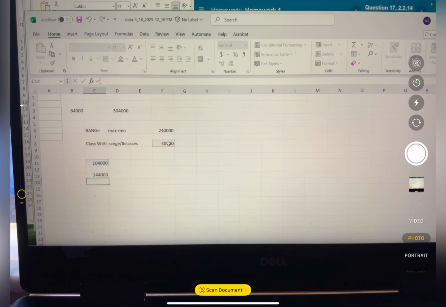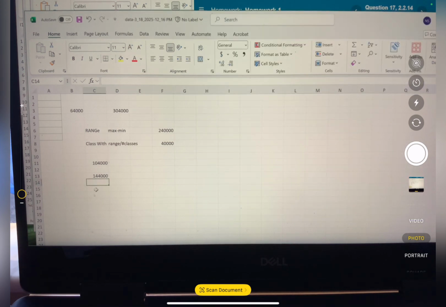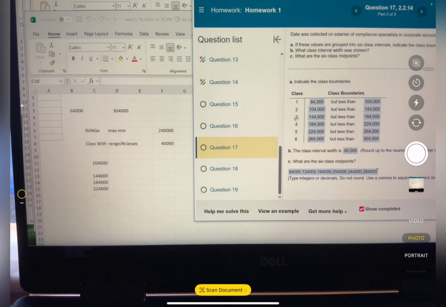I am getting 144,000. Next, again, adding this 40,000. There we go, 184. Equal sign, this plus this, 224. So 184, 224, 264. Okay? We understand? We got that, right?